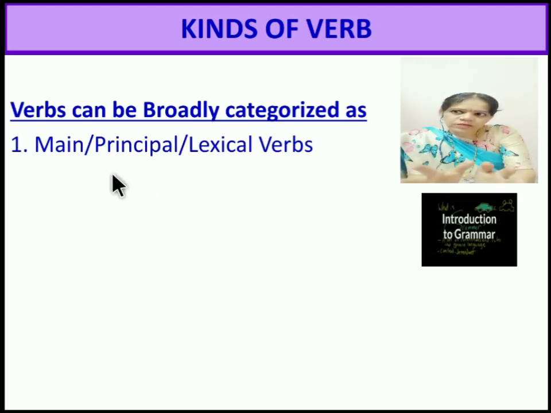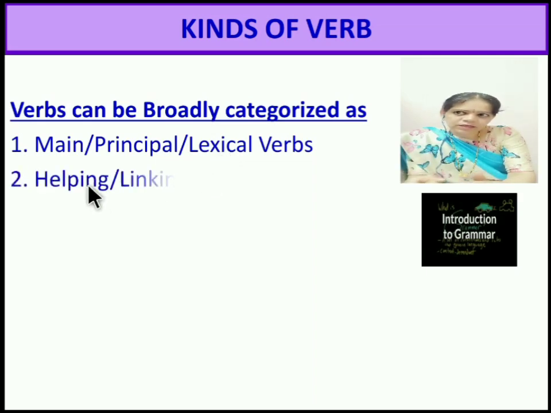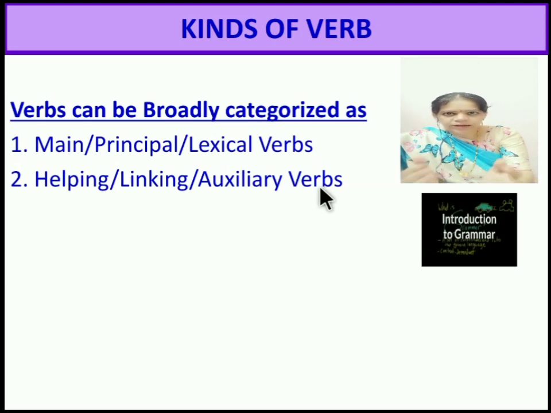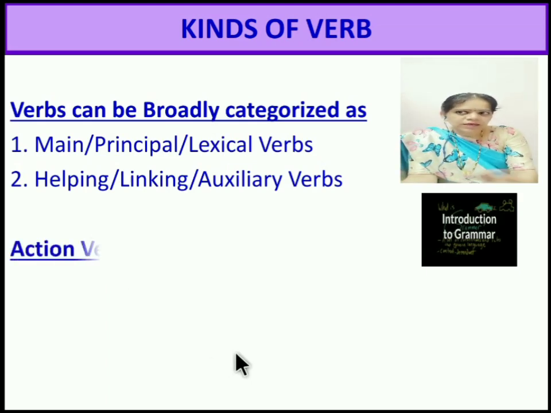So based on that element, the whole verb section is categorized into two parts. One is the main verb, which is also called the principal verb or the lexical verb, and the second is the linking or the helping or the auxiliary verb. To make it simplified, I have termed it into only two categories, the main and the helping verb. These are the different names of the same category: main, principal, lexical, helping, linking, and auxiliary verbs.